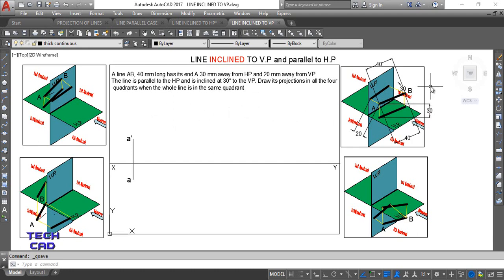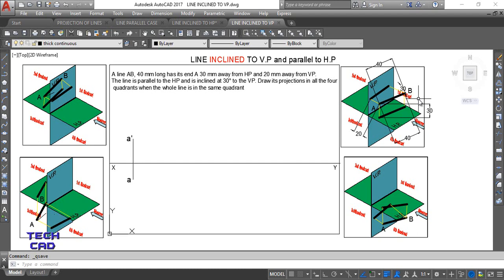So you can easily understand from this imagination: whenever your line is inclined with your VP, the front view gives you the apparent length and the top view gives you the complete length, that is the true length. Okay, from the top view I can see this complete line AB, but from the front view I cannot see the complete length.